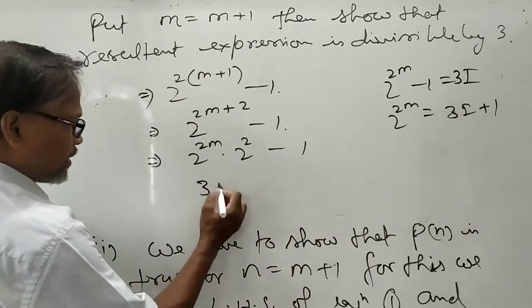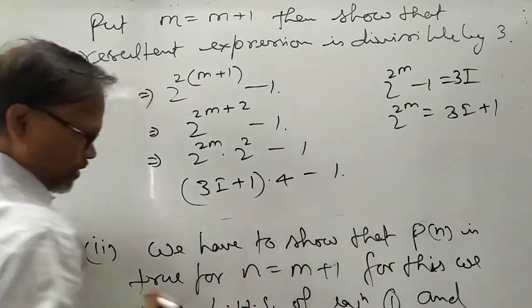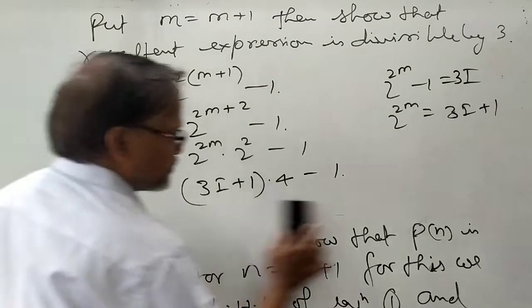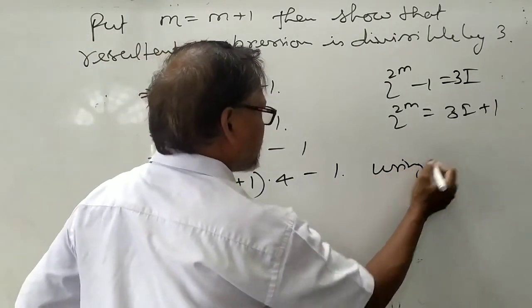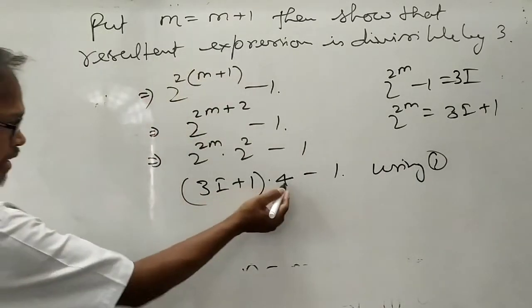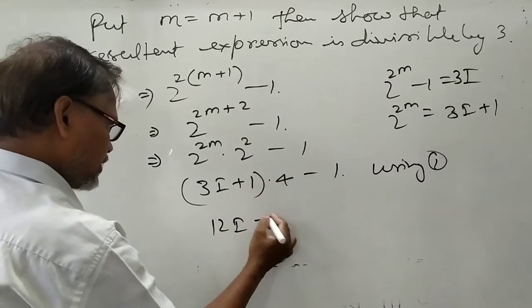So here it becomes 3i plus 1 into 4 minus 1. Now, using equation 1, multiply inside: 12i plus 4 minus 1, that is 3.